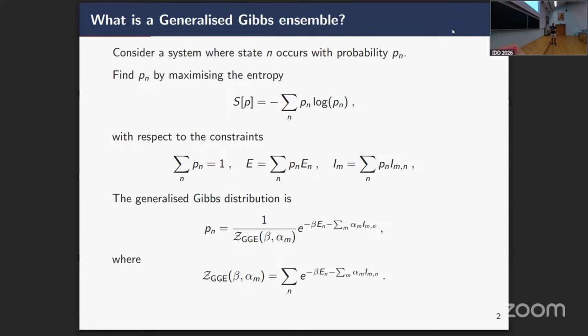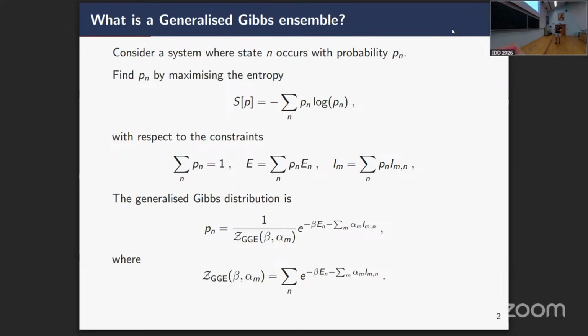Good. So I'll very quickly go through an introduction to generalized Gibbs ensembles, just in case anyone didn't quite make it to the first talk today. Normally in statistical mechanics, we have states labeled by n, and each state has some probability of occurring, Pn. To find these probabilities, I want to maximize the entropy of the system.